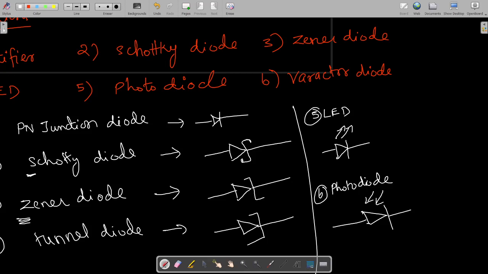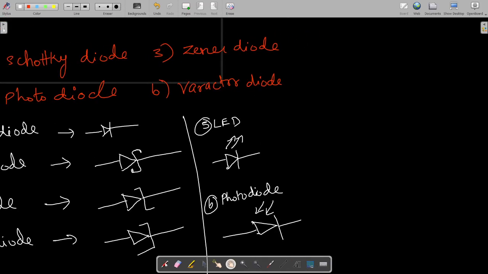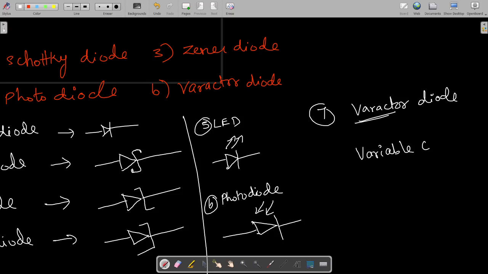Then the next type we can take is the varactor diode. That is your seventh type. Here you should know what a varactor is. Varactor means variable capacitor. With the help of that we can tune to any frequency.